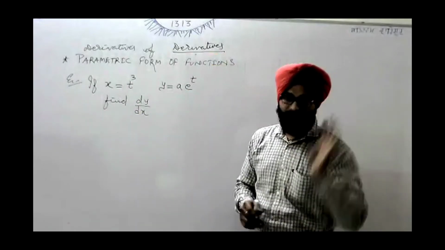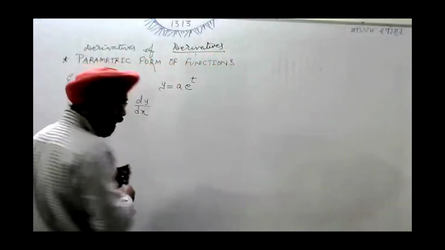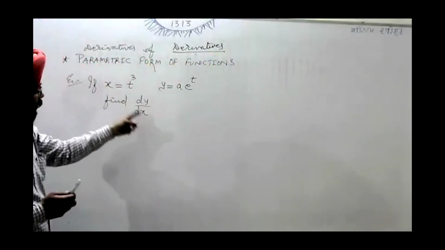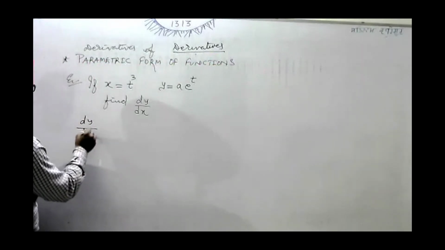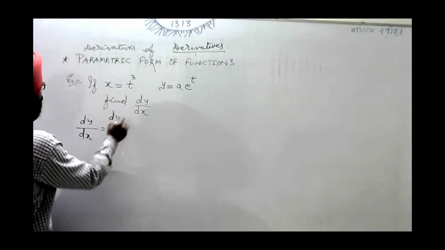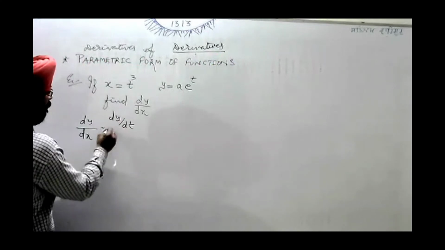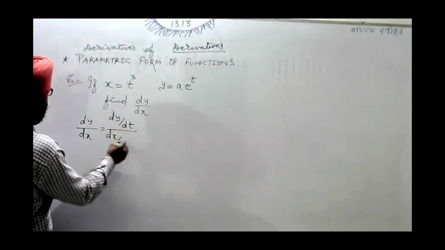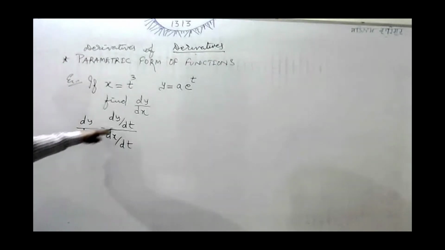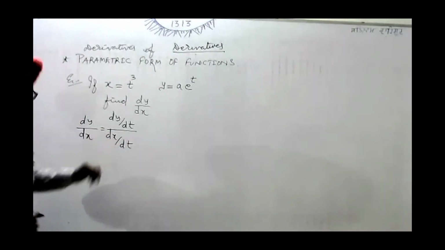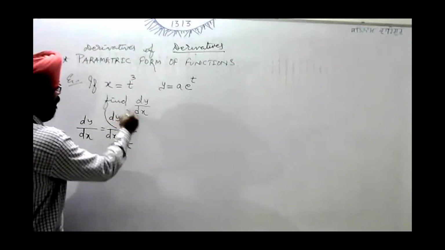It is a simple formula, a simple manipulation. dy by dx can be written as dy divided by dt, over dx divided by dt, which means dividing the numerator and denominator by the same value dt. So this gives you a new picture.